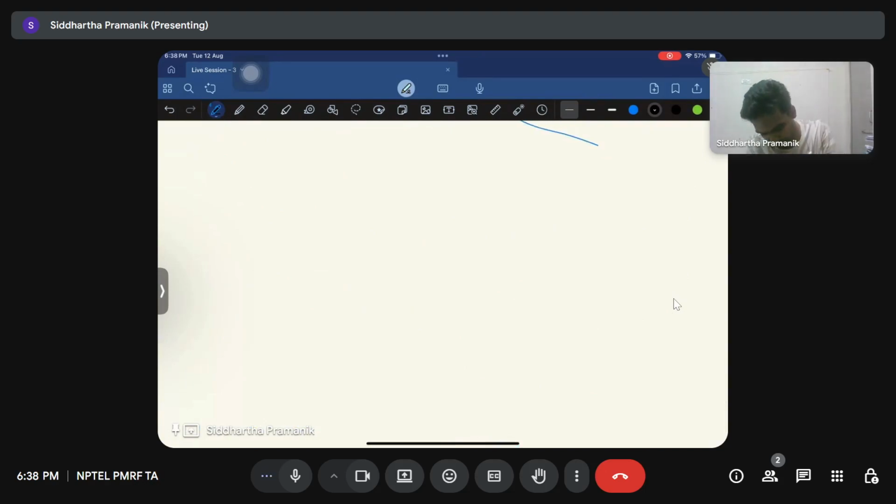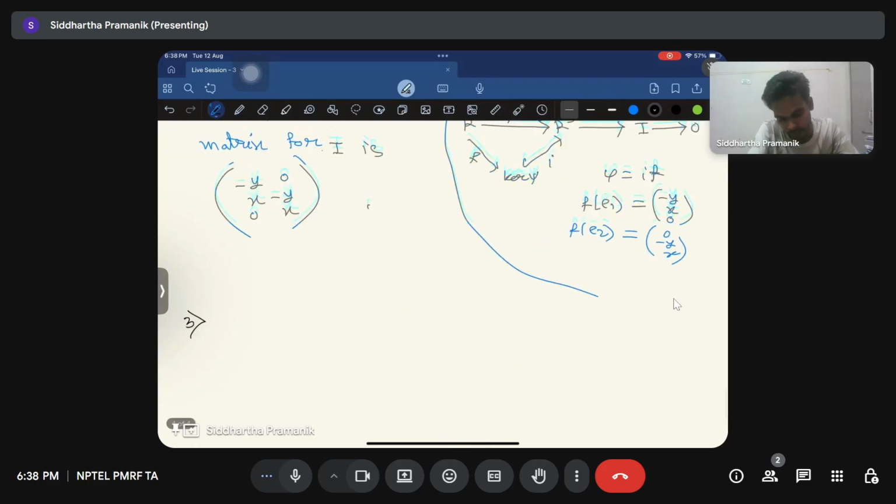So problem number 3. It is about when an ideal of a ring is a free R module.